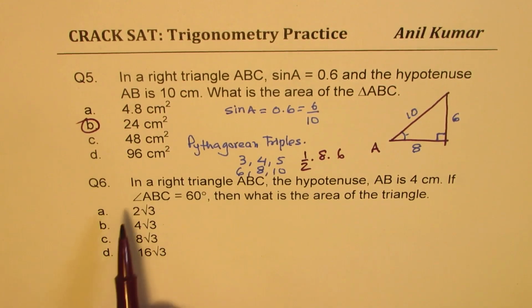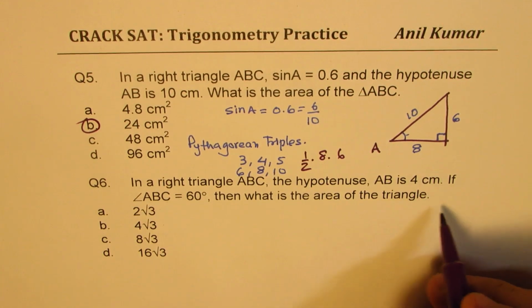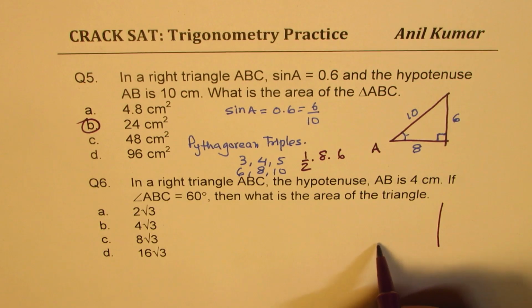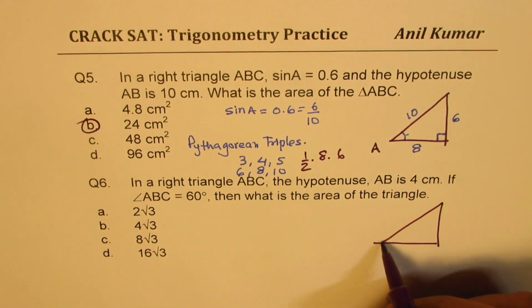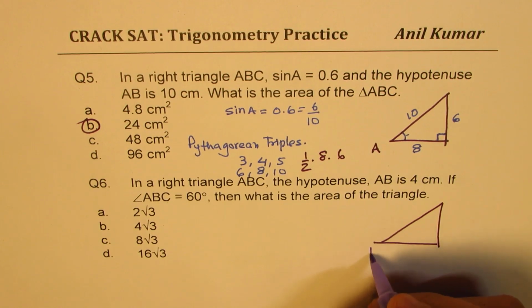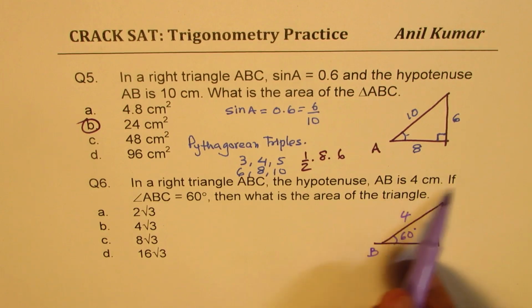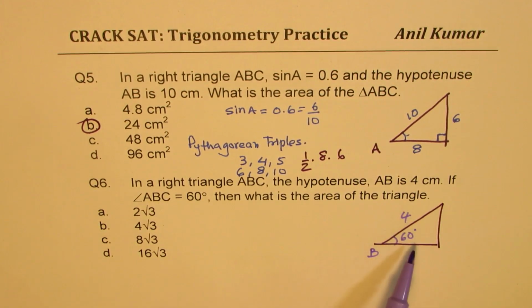Question 6. In a right triangle ABC, hypotenuse AB is 4 centimeters. If angle ABC is 60 degrees, let's say this is angle B and this is 60 degrees, the hypotenuse is 4. Then what is the area of this triangle?